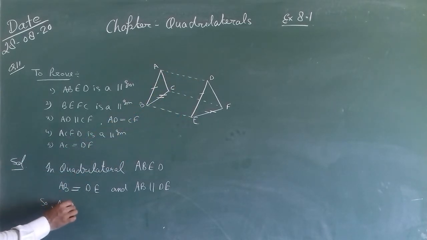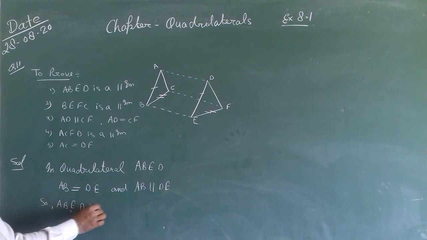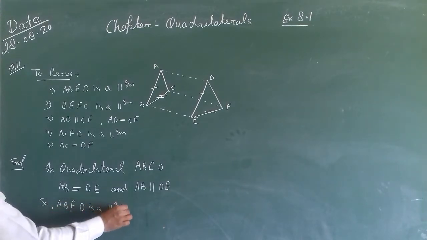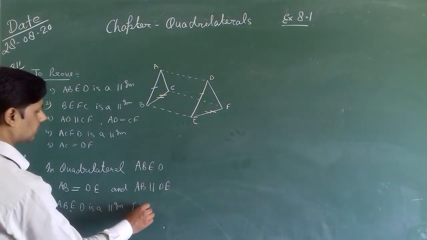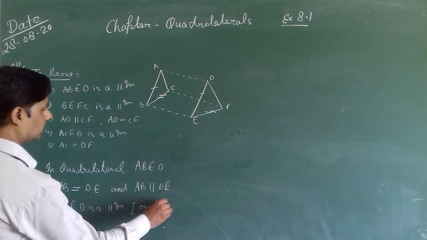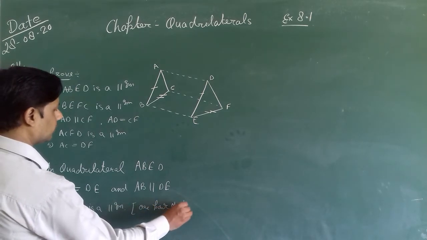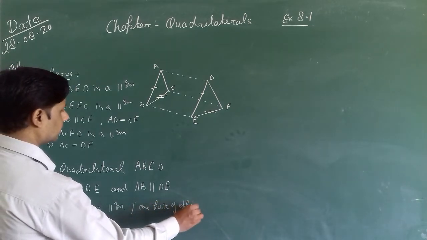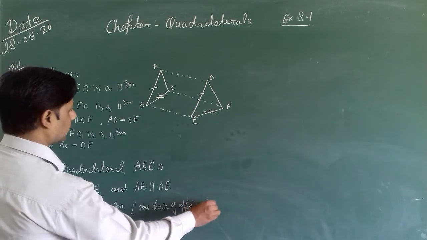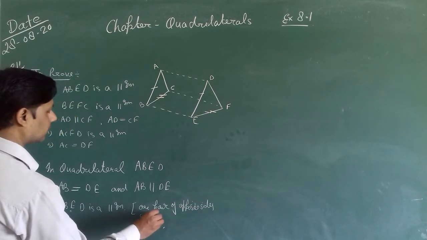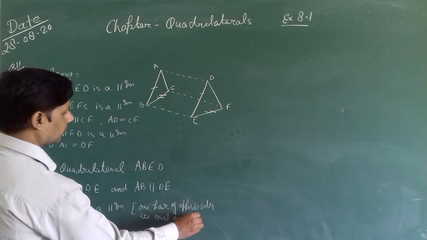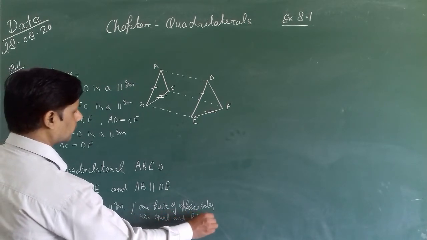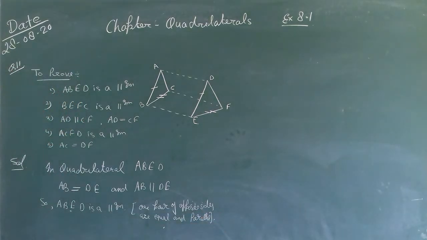So ABED is a parallelogram because one pair of opposite sides are equal and parallel. Right, students? Now see the next one.